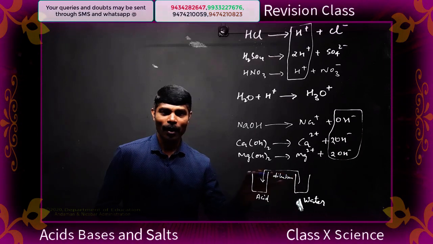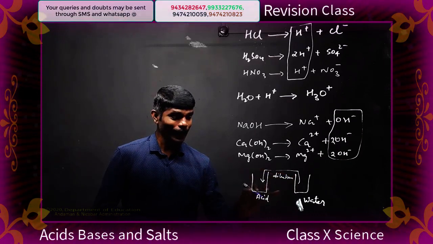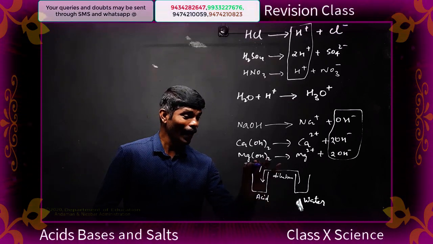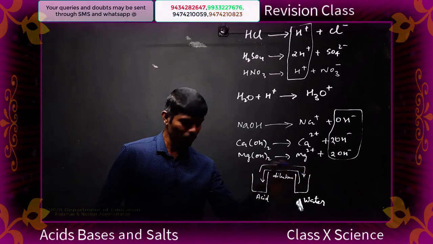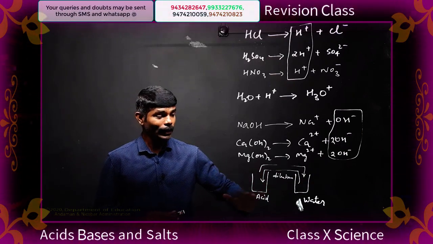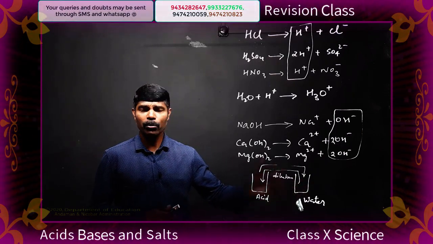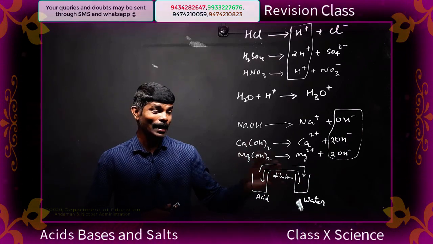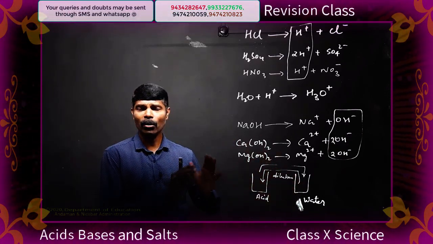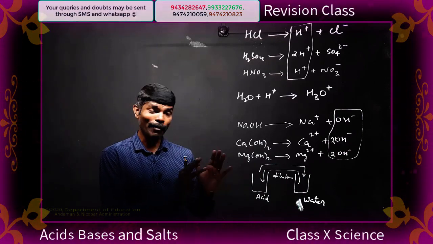Why? In order to make any concentrated acid dilute, acid must be added into water. Because this reaction is highly exothermic, when acid is added into water, it produces plenty of heat. The evolved heat is absorbed by the water, so it does not cause any hazardous effect.